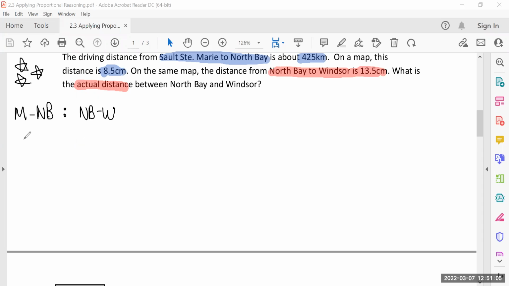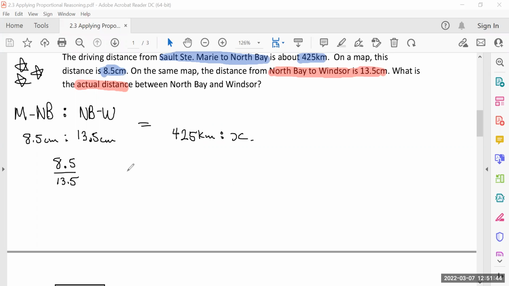And so on the map, I have 8.5 centimeters to 13.5 centimeters versus, in real life, 425 kilometers to, I don't know. Now, by fraction, I have 8.5 to 13.5.